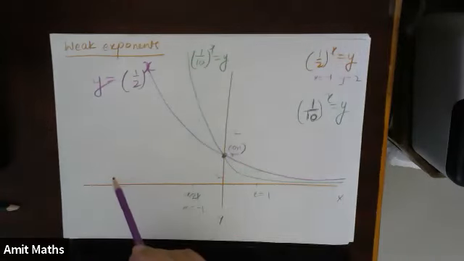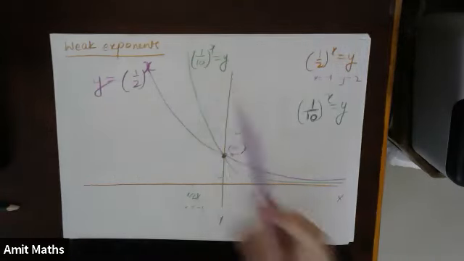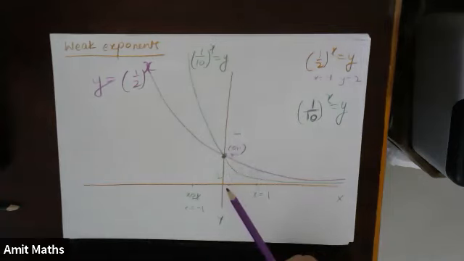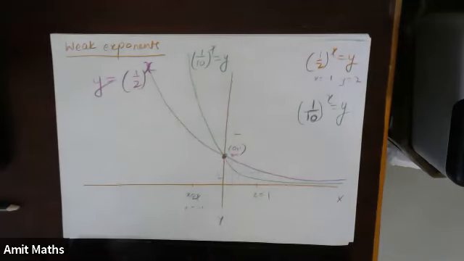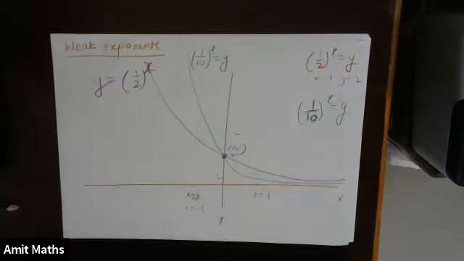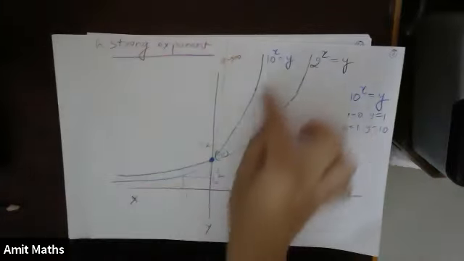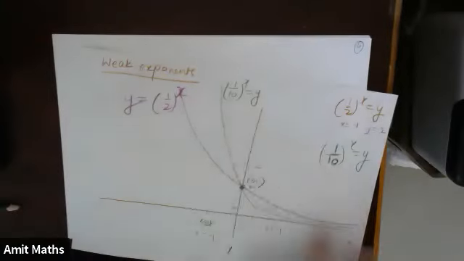If I had to draw the graph of 1 by 1000, it will be on the right side, on the lower side. If I had to draw the graph of 1 by 4, it will be in between these two. So these were the 4 different graphs for weak base, strong base, weak exponent and strong exponent. This was for strong exponent, something like this, and for weak exponent it will be something like this.